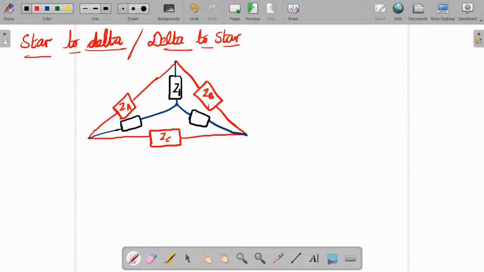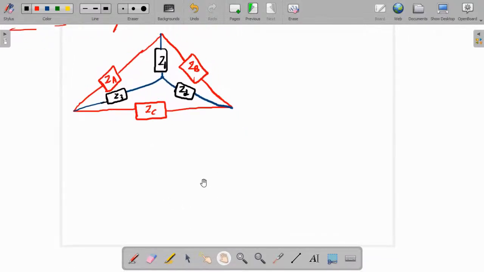So this is Z1, Z2 and Z3. Let this be A, B and C.